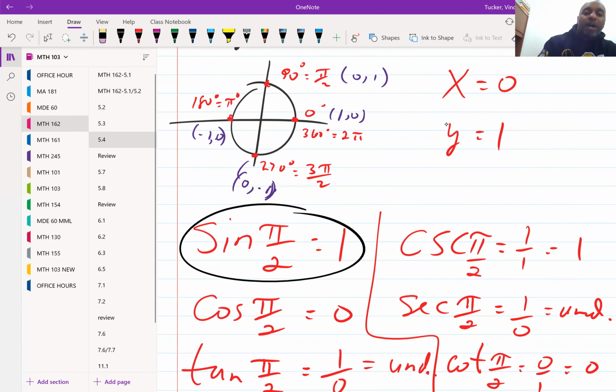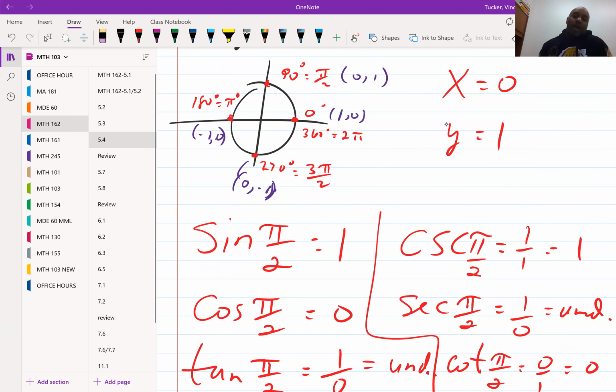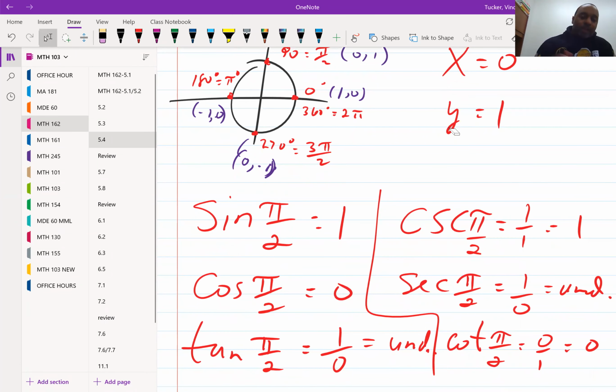So here, sine of pi over 2 is 1 because that's y. Cosine of pi over 2 is 0 because that's our x. Tangent of pi over 2 is undefined because that's y over x, which is 1 over 0.